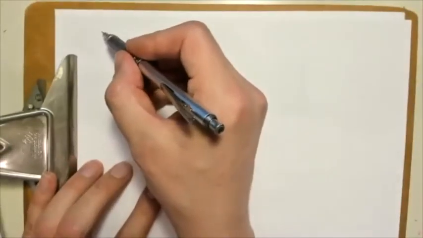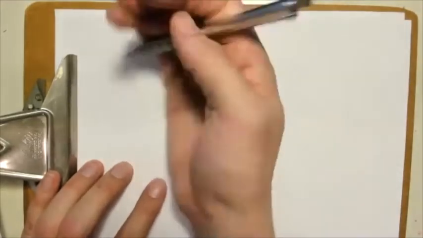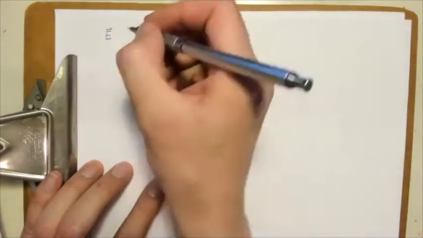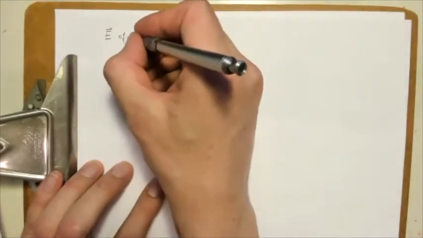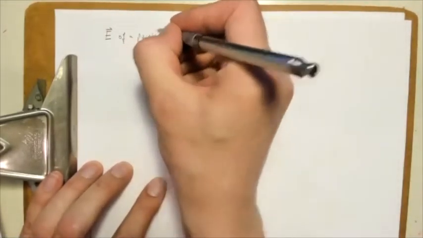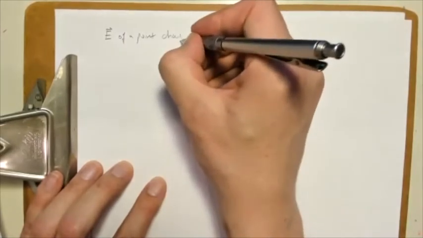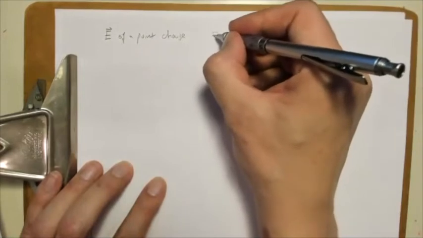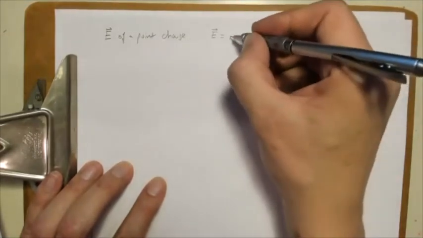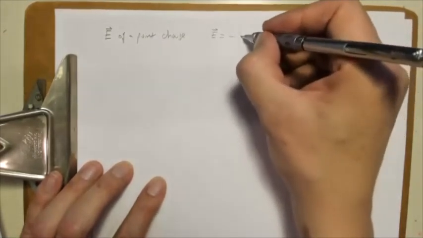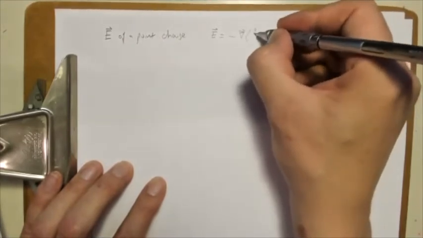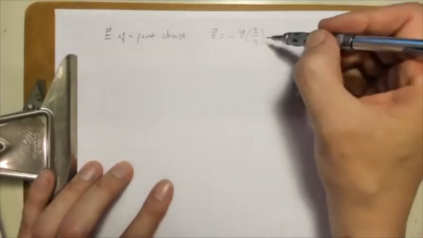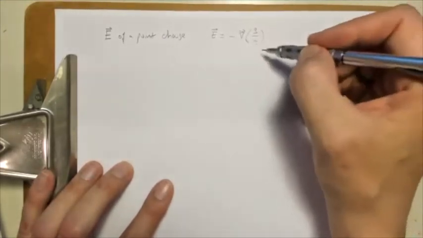And then we're getting some kind of an electric field, but that electric field of a point charge we can write as E is minus the gradient of that charge divided by R. And that's easily verified, right?